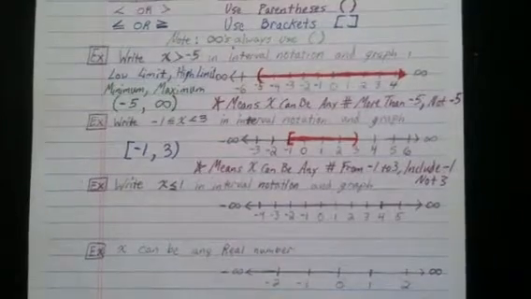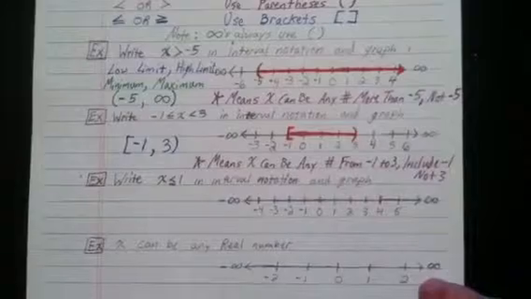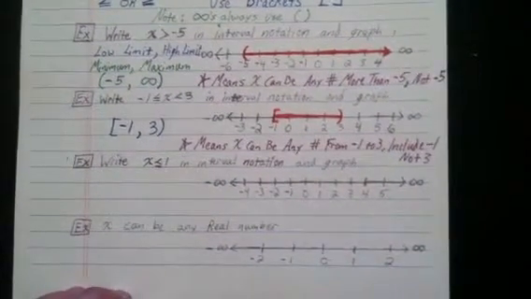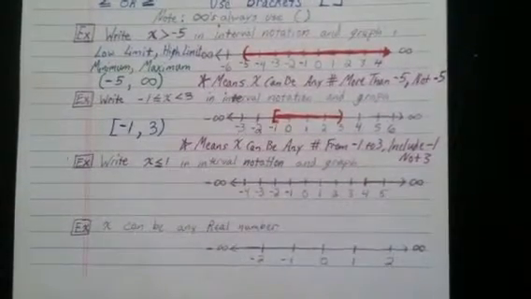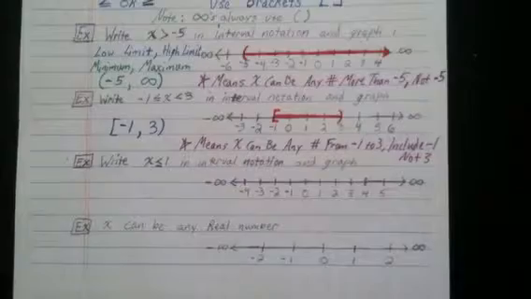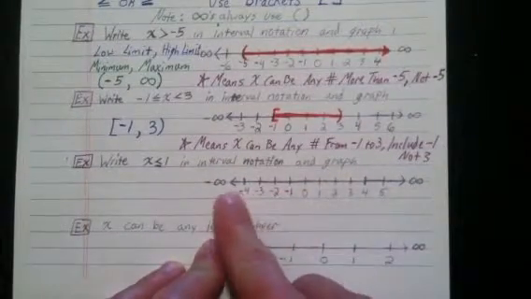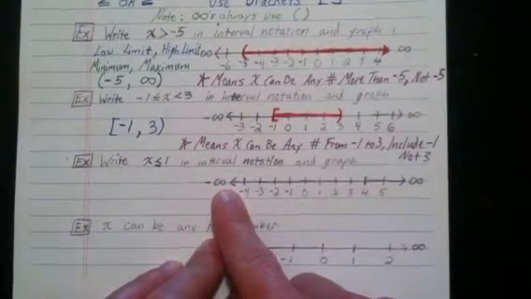Okay. So now let's move on to the next example. x is less than or equal to 1. So writing that in interval notation, what is our low end? Well, if x can be any number less than or equal to 1, it's going to go on forever down towards the negatives. Here's -1, all the numbers less than that go to the left. If you're going forever, you approach negative infinity.